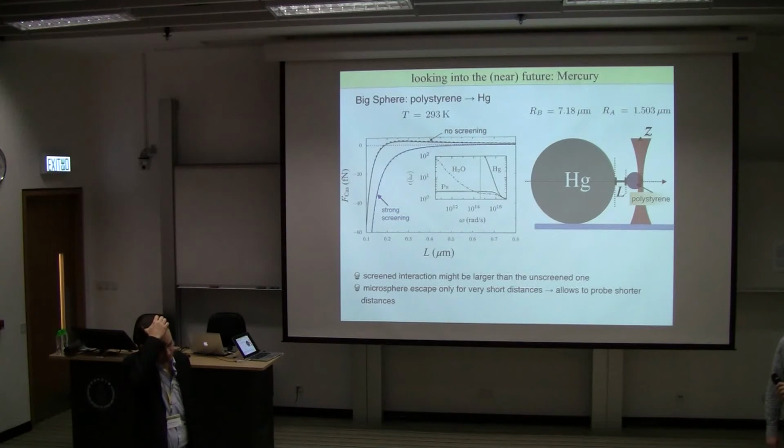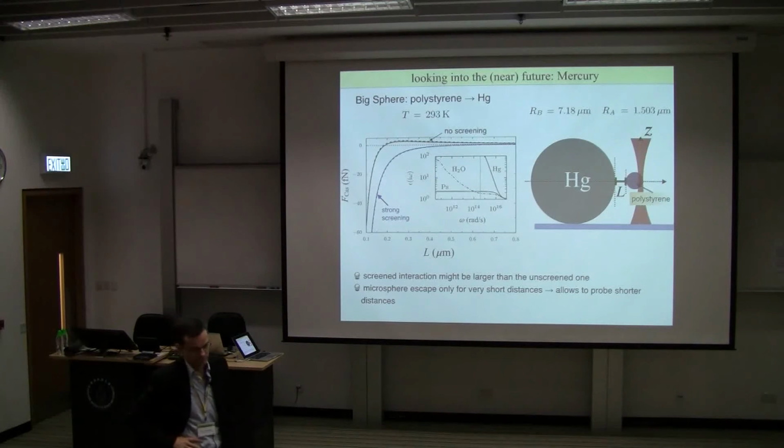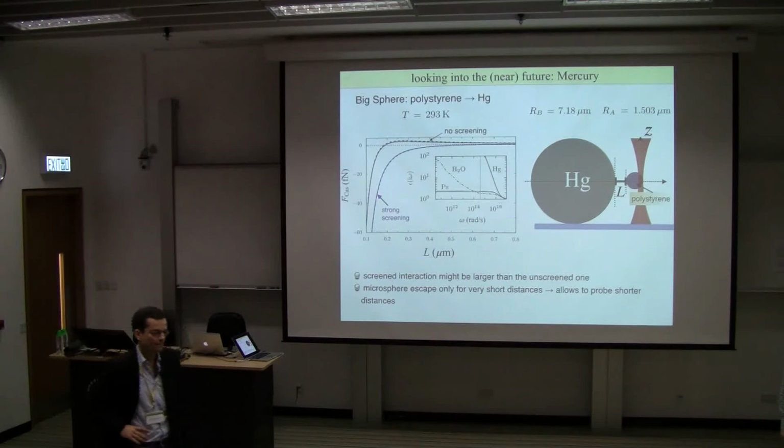But what I wanted to comment specifically is that the dissociable groups on the surface of polystyrene would lead to a very anomalous Casimir effect, which is due to monopolar fluctuation, which is usually not the case with dielectrics, where you start with the dipolar fluctuations.